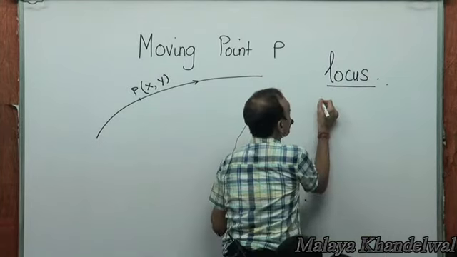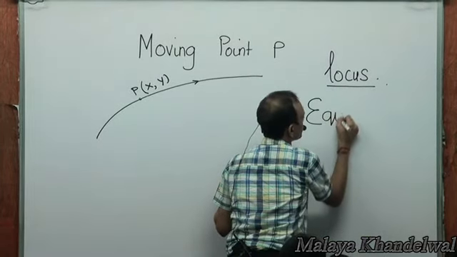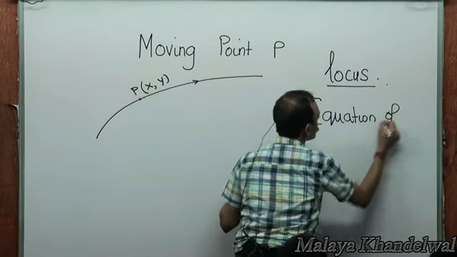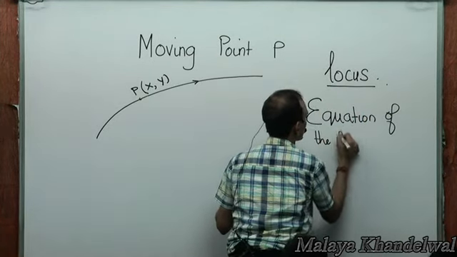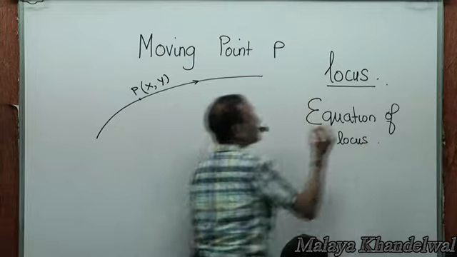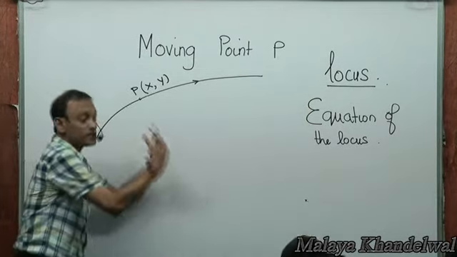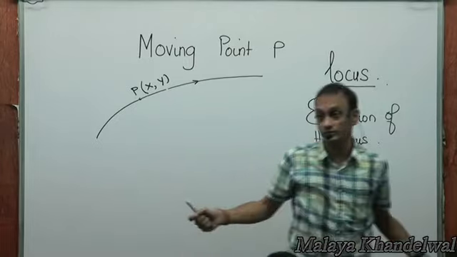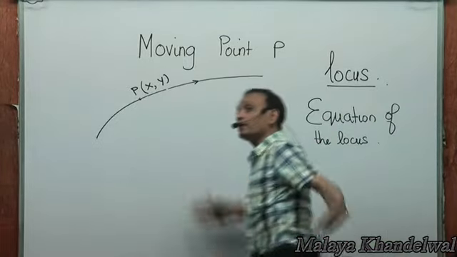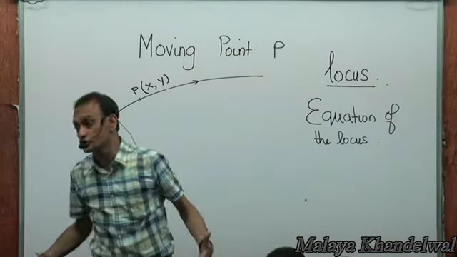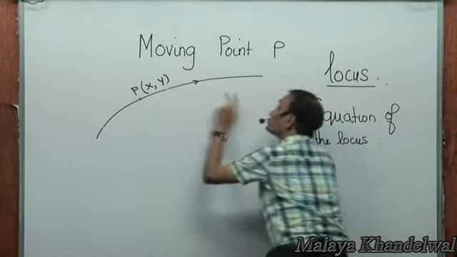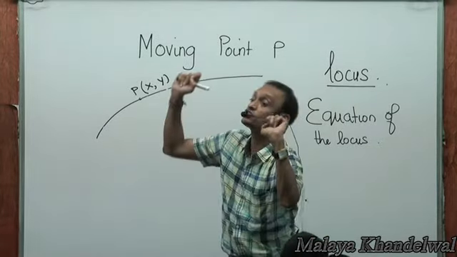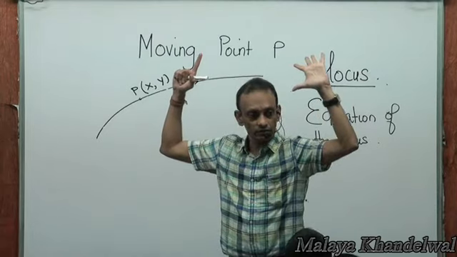And then we have what's called the equation of the locus, which is a relationship that would connect the x and y coordinates of this moving point. That means for all xy's that lie on this trajectory, that relationship connecting the x and y coordinates must hold good, right?